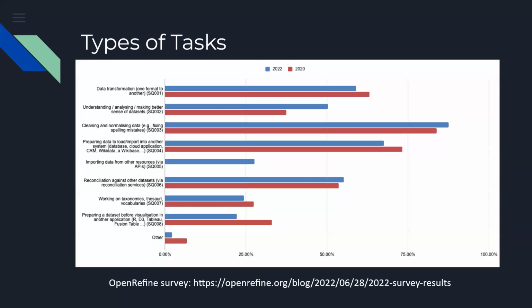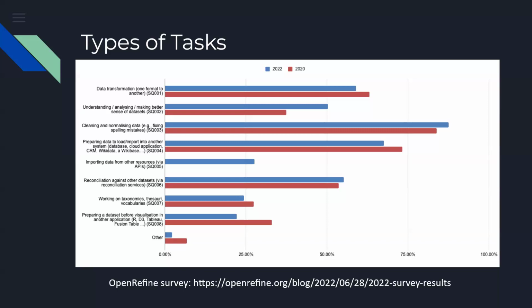So you'll notice this OpenRefine survey that was done in 2022. It shows some of the types of tasks that people are using OpenRefine for. You can tell the biggest one, most often used, is cleaning and normalizing data, fixing spelling mistakes and that sort of thing. Real basic stuff. Next, you have preparing data to load or import into another system, whether that's a database, cloud application, that sort of thing.